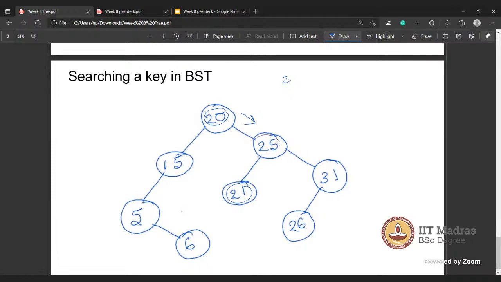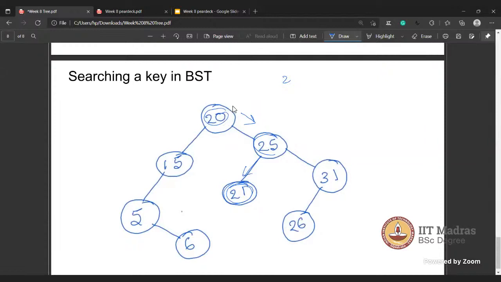Then at 25, is 25 equal to 21? Not equal. Then check greater or less. 25 is greater than 21, so it goes to the left subtree. Then check this node: 21 is equal to 21, so the element is found. Everyone got how we search a key in a BST?